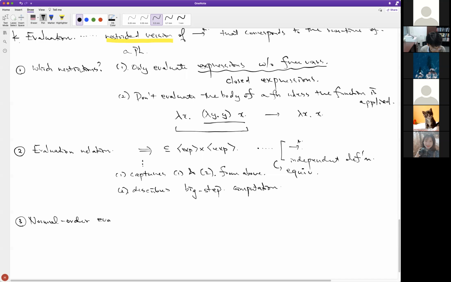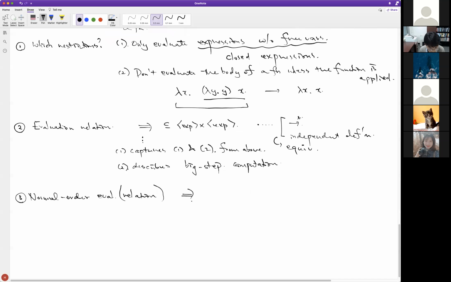evaluation. We will often omit this word evaluation. That's going to be written just like here, double arrow, and let's write it with a subscript. So how is it defined? It's defined between, say, closed expressions.